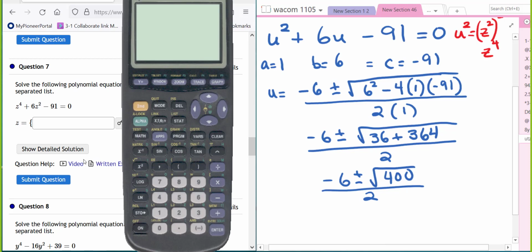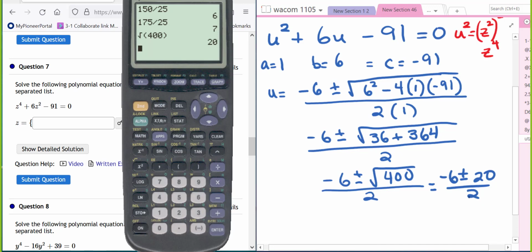I believe the square root is 20. It is 20. So you need to work this on out.